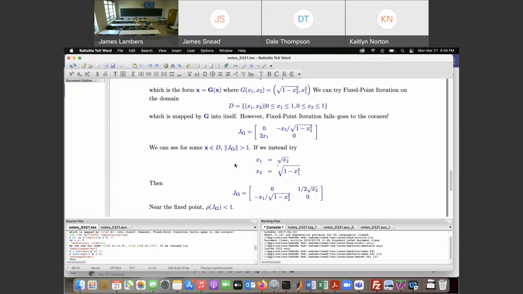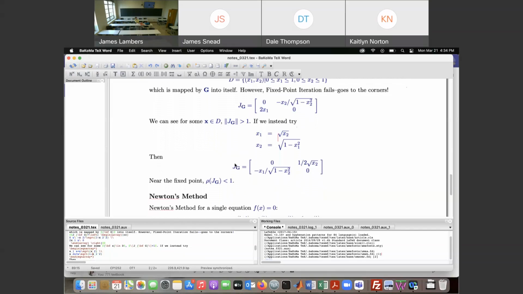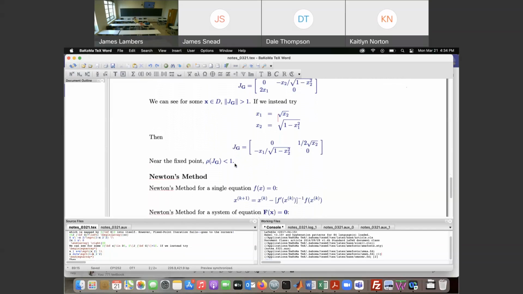All right, so that's one method that was generalized from one variable to several. But we can also generalize Newton's method. Now, here is the same Newton's method that I covered earlier, just written a little differently.